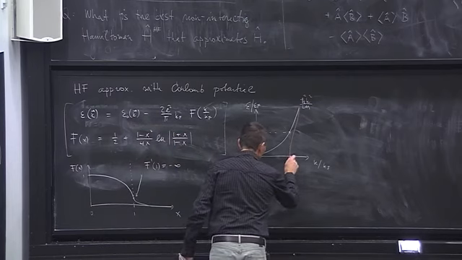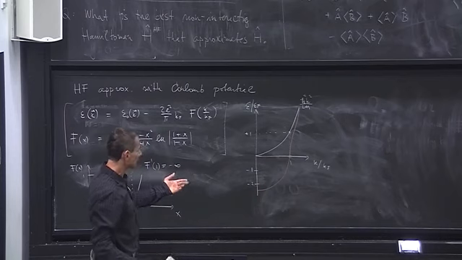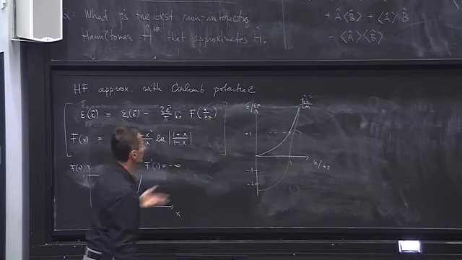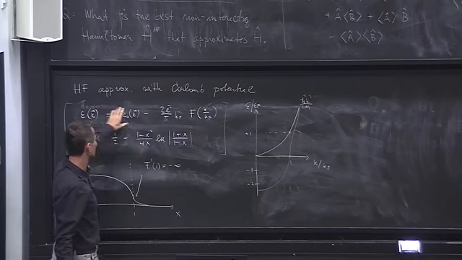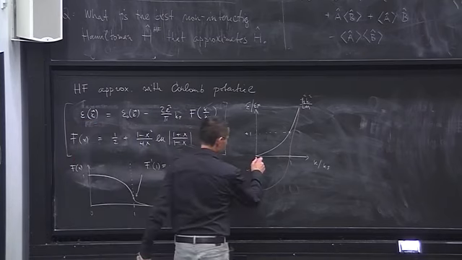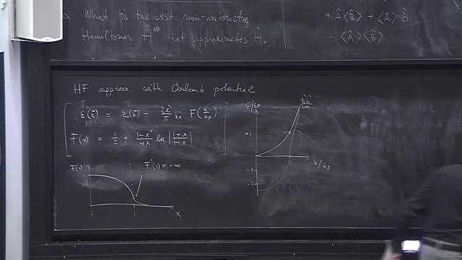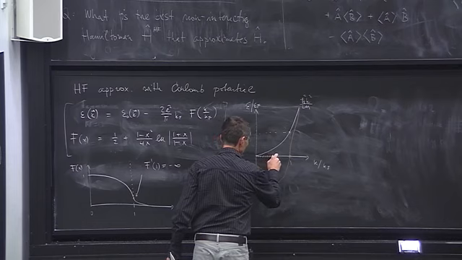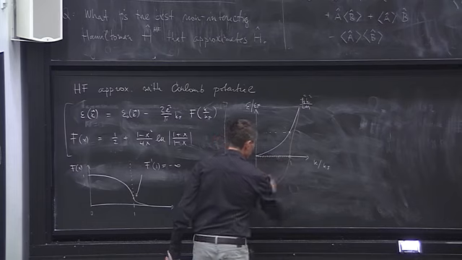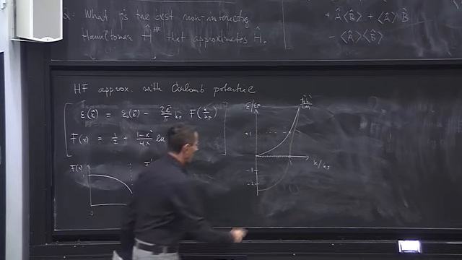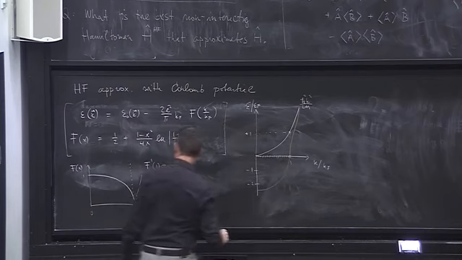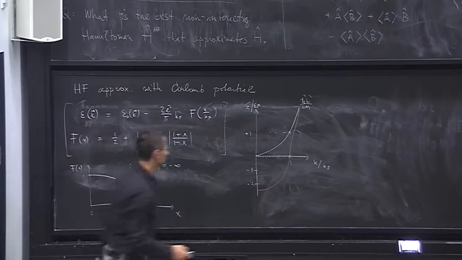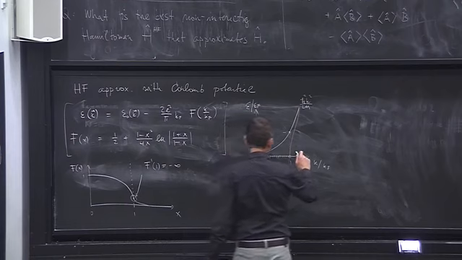It turns out that if you want to put in the same number of electrons as you started with in the non-interacting system, then all these states here will be filled. So these states are all filled up to the Fermi momentum. And it is precisely this point here that corresponds to this point on this function. So here, the dispersion has infinite slope.